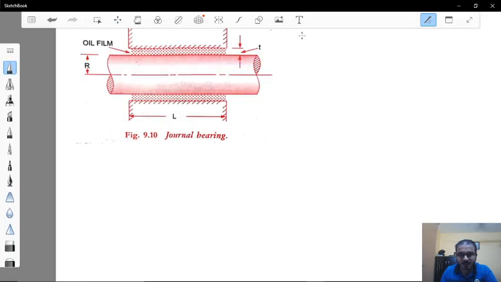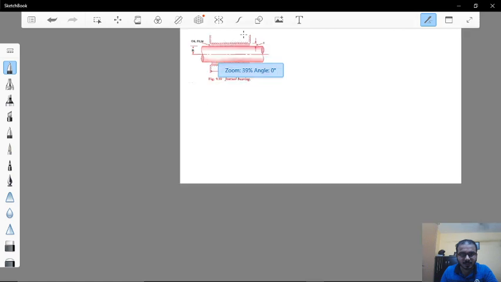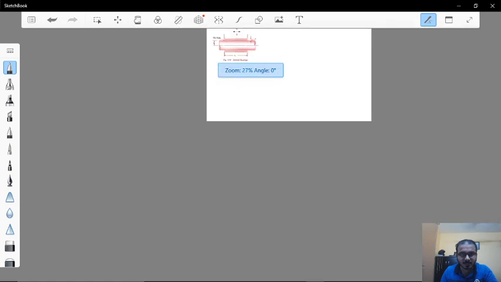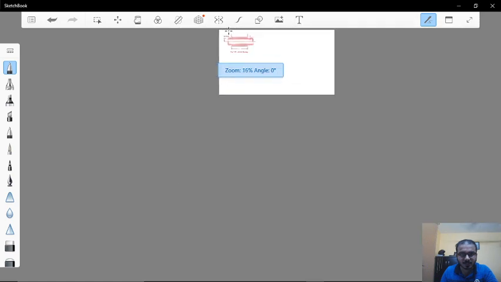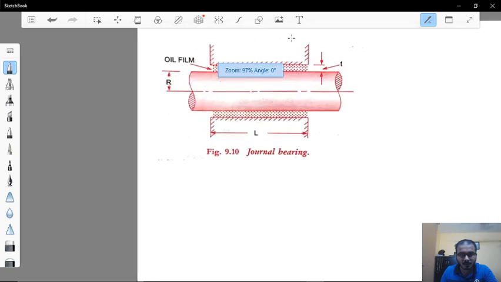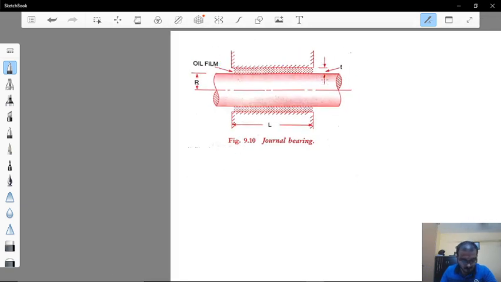So here we are having a journal bearing, and a shaft of radius r and diameter d is rotating inside this journal bearing.